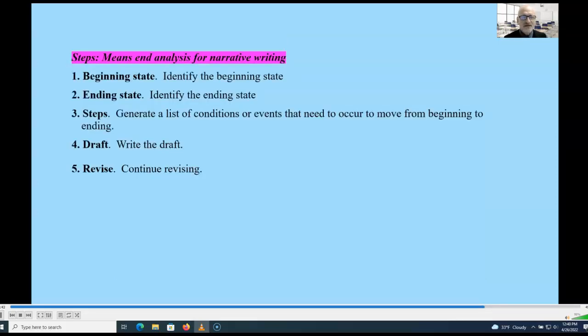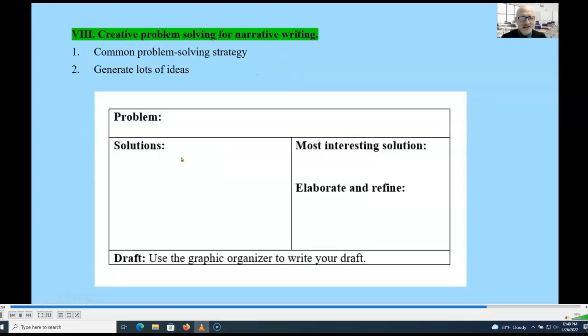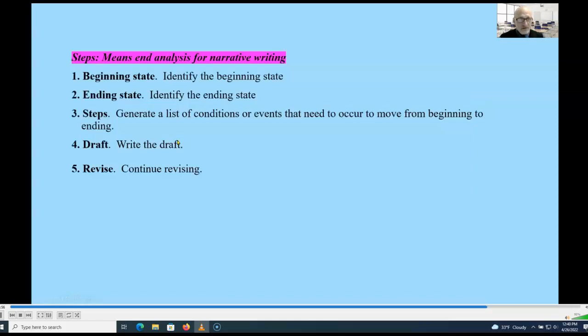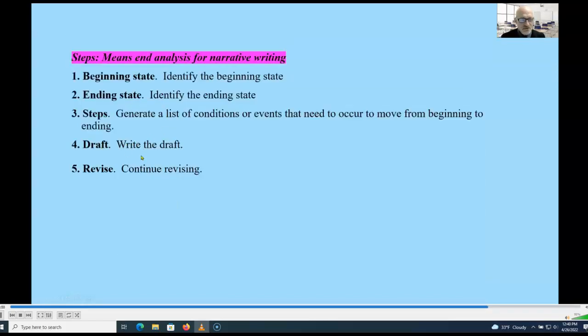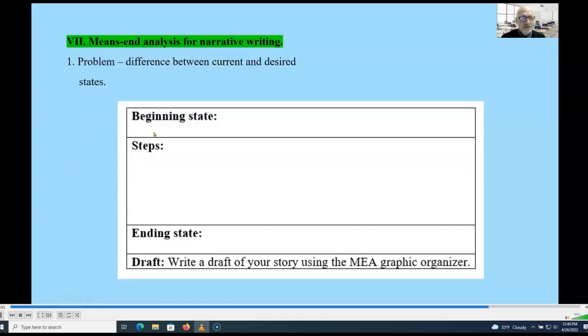So, identify the beginning state, identify the ending state or the desired state, generate a list of conditions that need to occur to move from beginning to ending, and use that to write your draft. Beginning state, ending state, things that need to happen, write your draft. Scaffold, temporary structure.